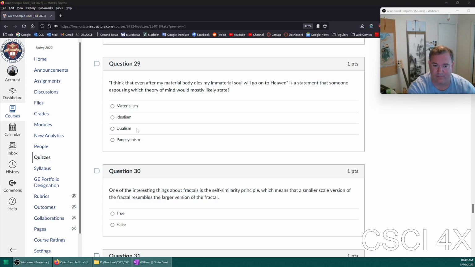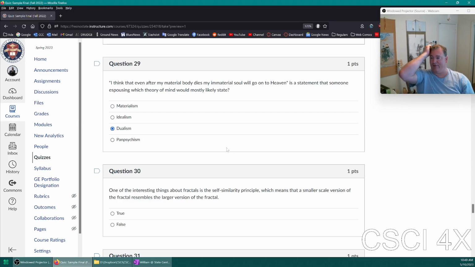Yeah. So dualism, it's very easy to make a claim like this because your body can die, but your mind is not equivalent to your body, and therefore there's no reason to assume that your mind will die when your body does. And materialists would say, yeah, but if you give somebody a brain tumor or something, it changes their mind, and so clearly the mind is made by the brain, and so if the brain dies, there's no more mind. And that's why philosophy is fun.